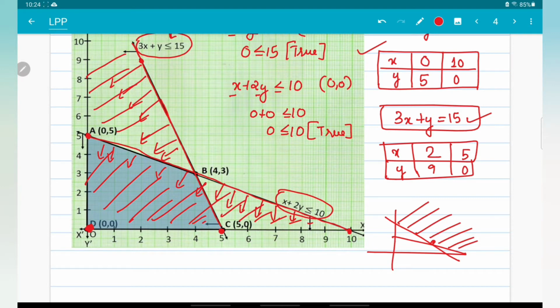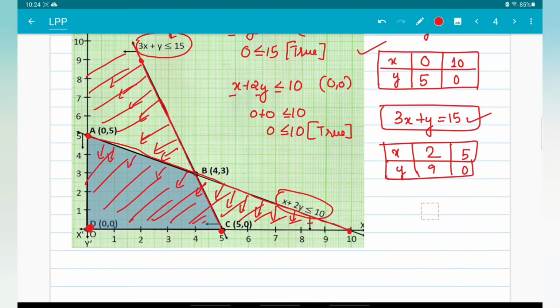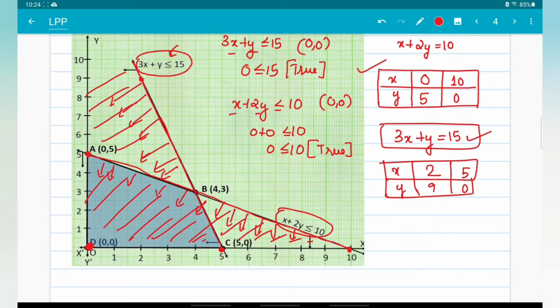You can see it is not bounded by any lines, it's just going. So this is an unbounded region, but in this example which we have taken, we got a bounded region. So we have checked for the feasibility.